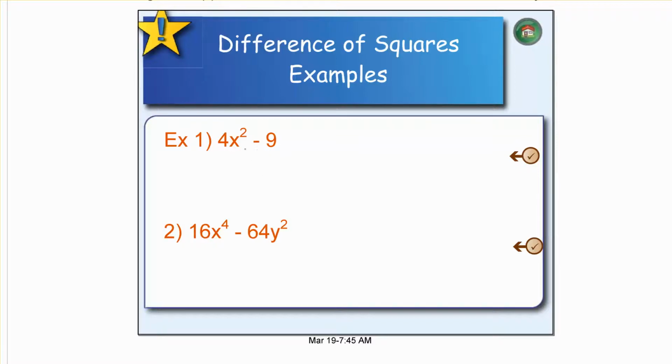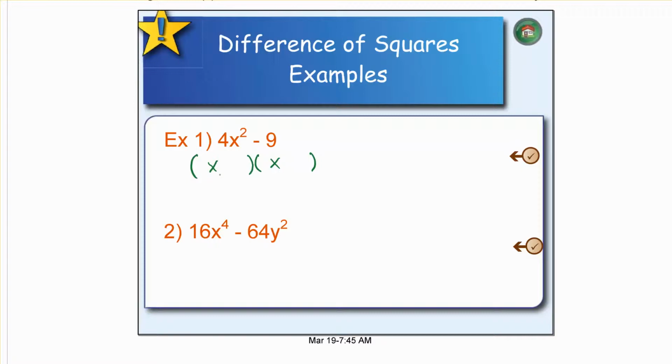And the other thing that has to happen is everything needs to be a perfect square. So you can see that 4 is a perfect square, 9 is a perfect square, and x squared is a perfect square. They're all perfect squares. They need to be, or we can't do this little trick. And what the little trick is, I'm going to make 2 sets of brackets like that. And since it's x squared, what I'm going to do is write an x and an x.